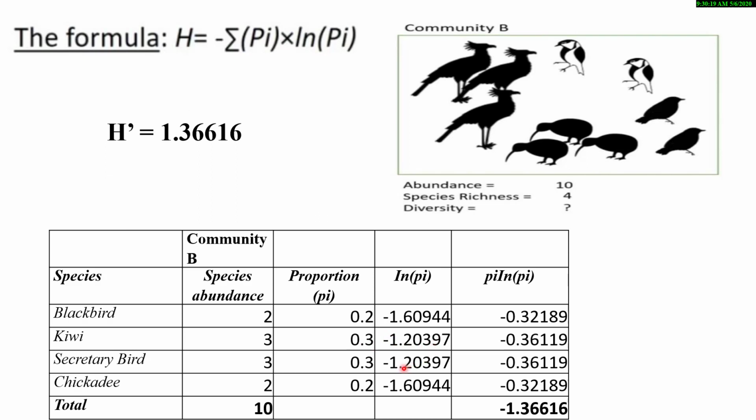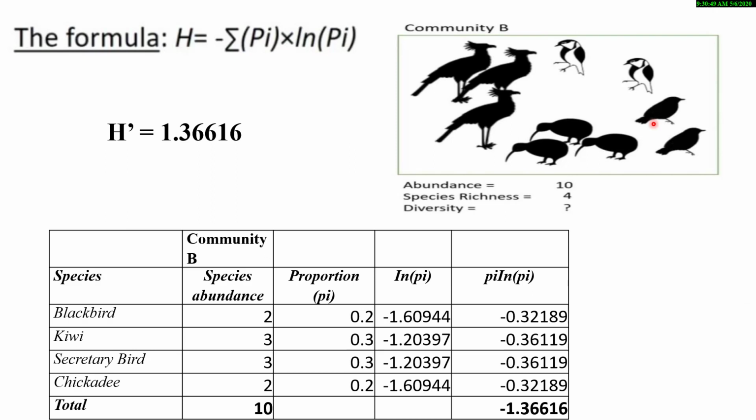You take the natural log of this, will also give you this. The natural log of 0.2 will also give you this. To compute the diversity index, you have to add all this. You will get minus 1.36616.